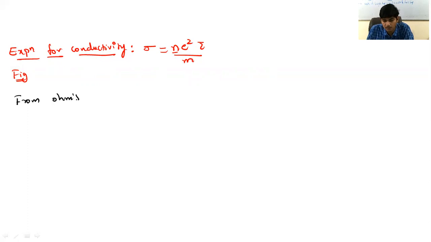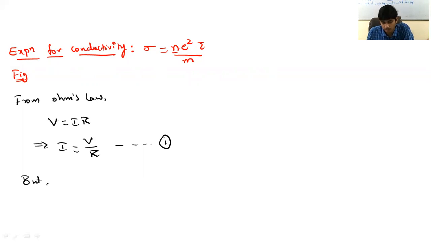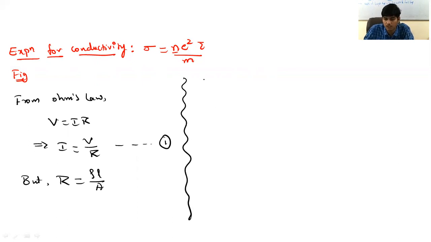From Ohm's law, I can write V is equal to I into R. This implies I is equal to V divided by R. I'll call this equation number 1. I know what R is equal to: R, the resistance of the conductor, is equal to rho L by A. I'll substitute R in equation number 1.